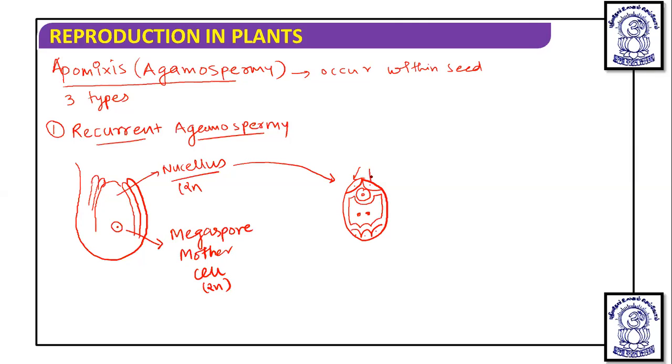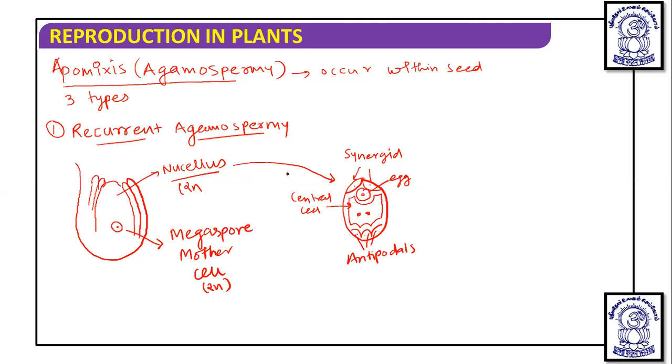These are the synergids. This is the egg cell. These are the polar nuclei. And these are the antipodals. The polar nuclei are present within the central cell.